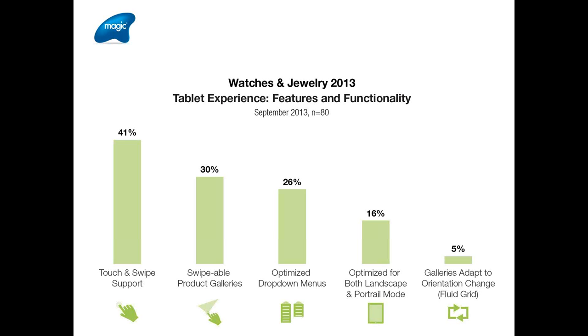Only about a fourth of them are using optimized drop-down menus. Only 15% have landscape and portrait mode support in terms of the way that they're optimized. And about 1 in 20 have galleries that will adapt to an orientation change. A fluid grid, if you will, is available.